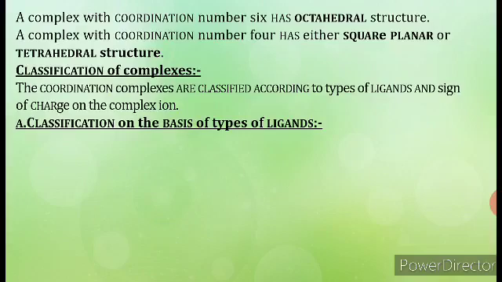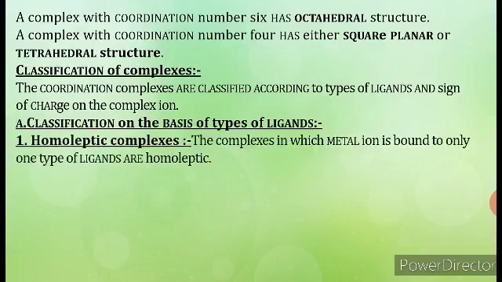Okay, so those particular complexes in which the metal ion is bound to only one type of ligand, same type of ligand, are known as homoleptic complexes. Only one type of ligand is there inside the coordination sphere, which is attached with the central metal atom or ion through coordinate covalent bond. Clear?